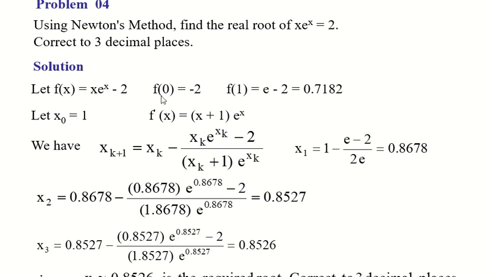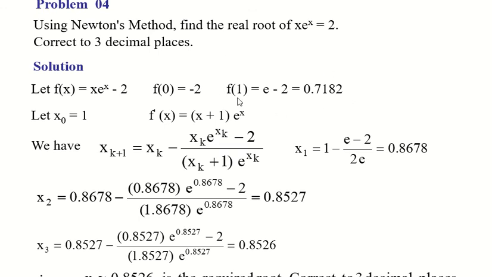As before, you are finding 2 points x0 and x1 such that f of x0 and f of x1 are of opposite signs. So you are starting with 0. f of 0 comes as negative, minus 2. You can verify this.